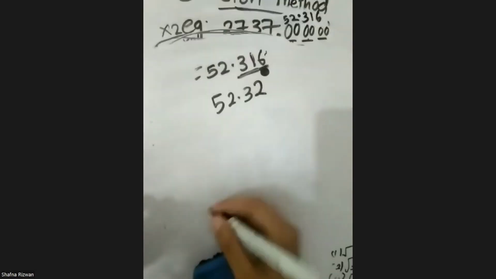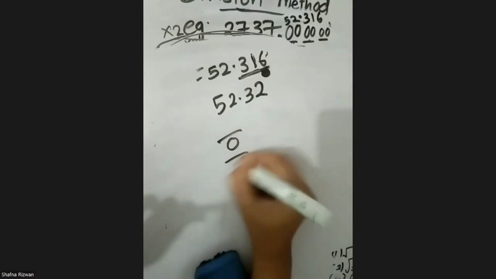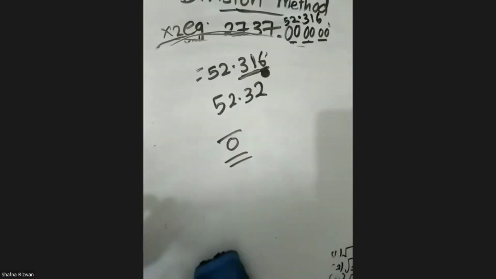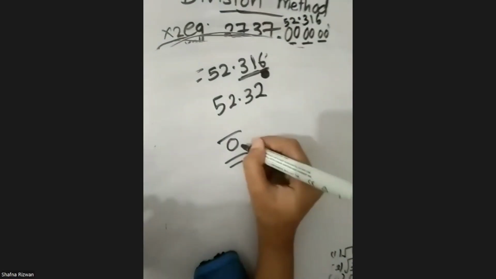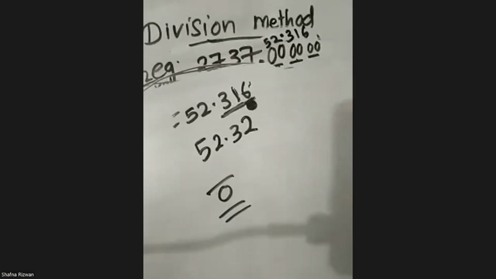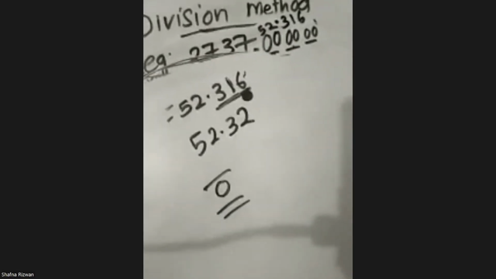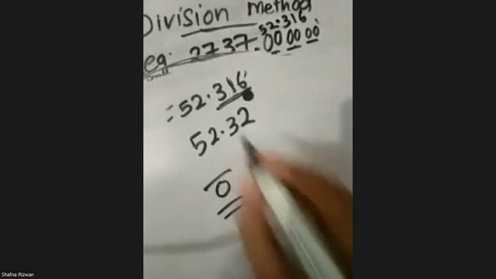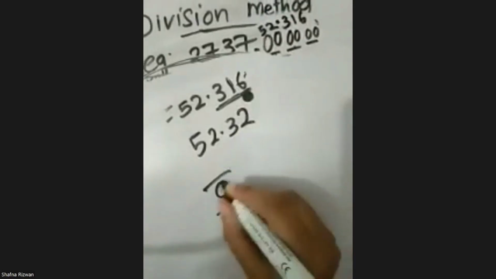But finally, did I get 0 as remainder? No. So I didn't divide it equally. Okay, guys, see here that finally, I didn't get 0 as my remainder.